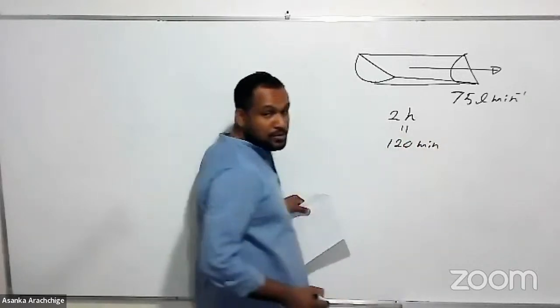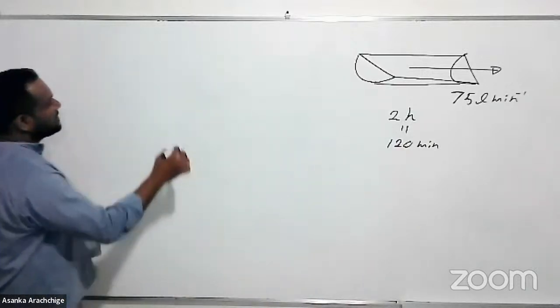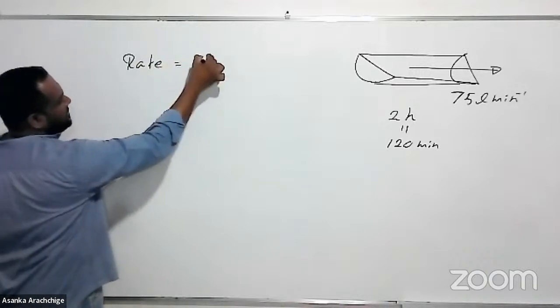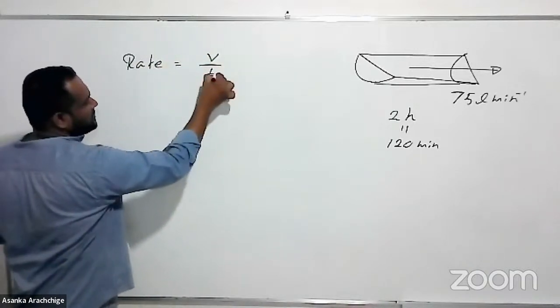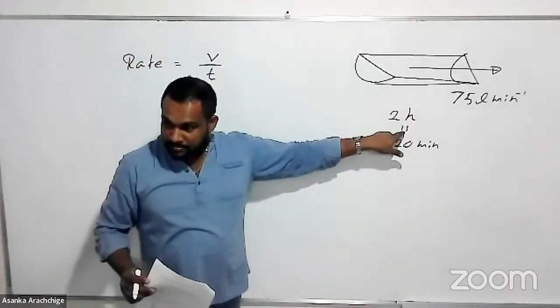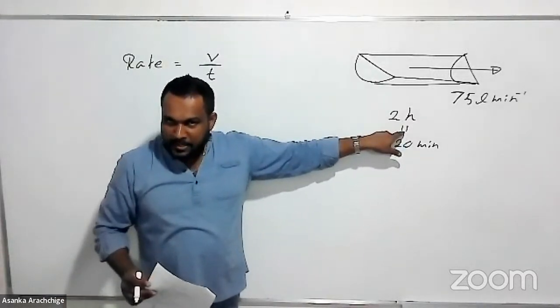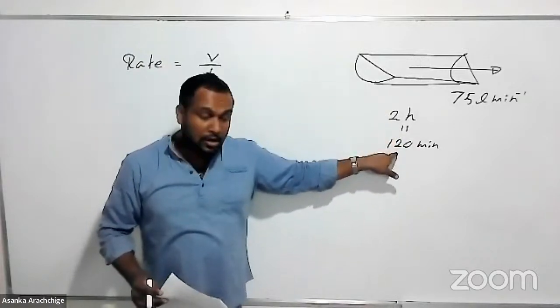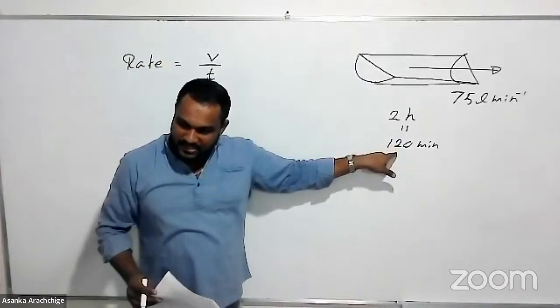Now you can use the formula. Rate equals volume division time. And here we have to find the volume of water that flows through in 2 hours, or in 120 minutes.